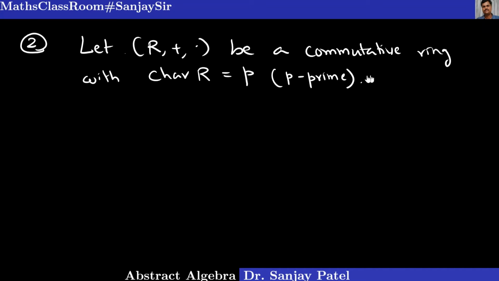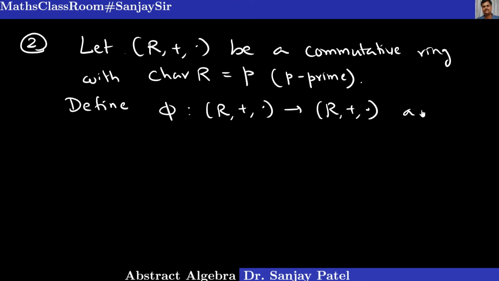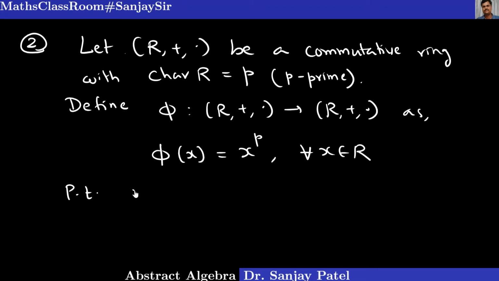Then define a function or a mapping from the ring R, plus, dot to R, plus, dot as phi of x equal to x raised to p for every x in R. Here note that the domain and codomain rings are the same. Then prove that this phi is a homomorphism.